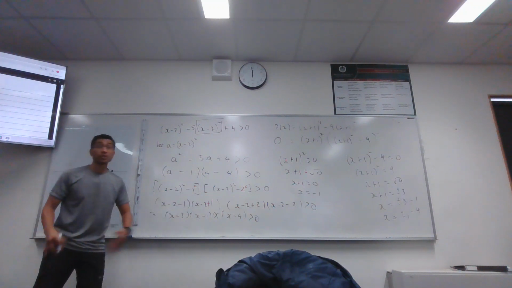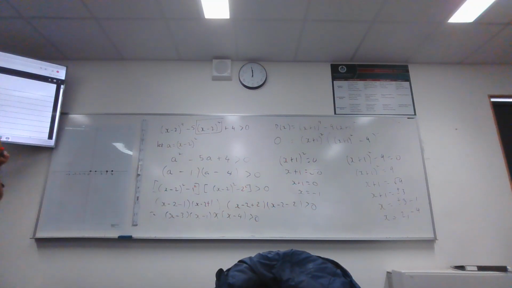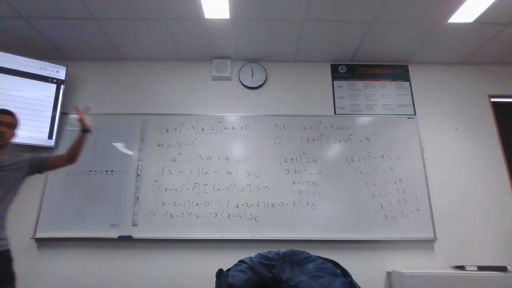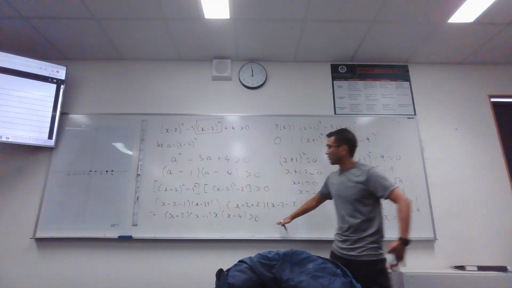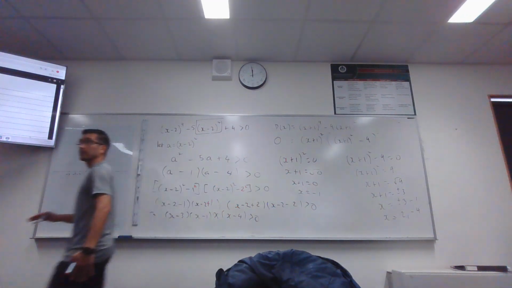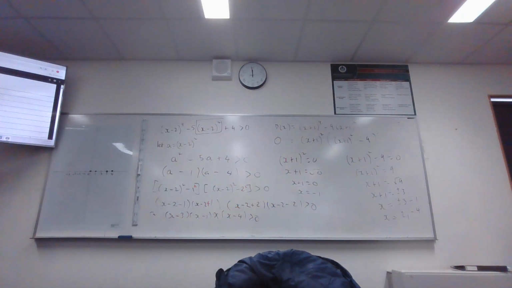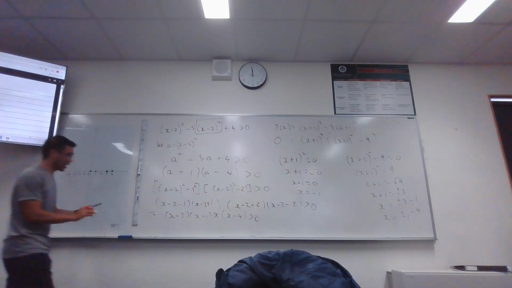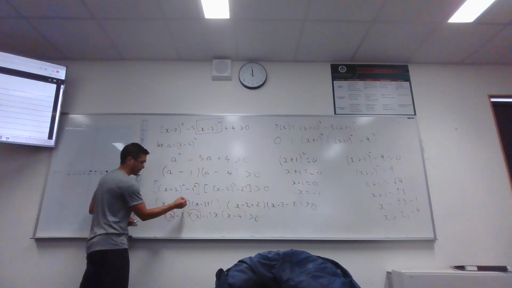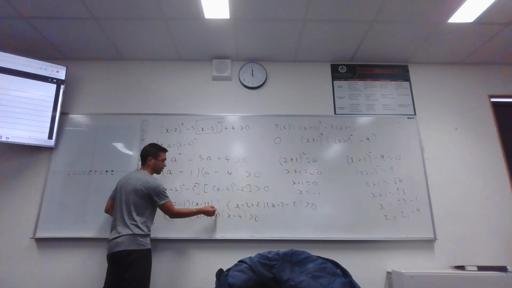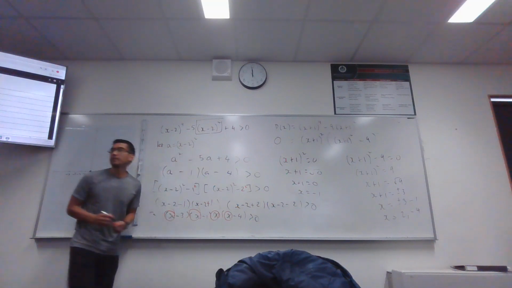We have a quartic. What type of quartic do we have? Do we have the normal one or an upside down one? If I'm looking at this line here, I have a positive x times a positive x times a positive x and a positive x.